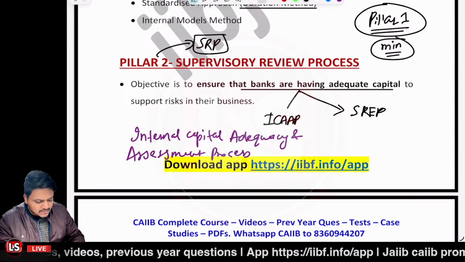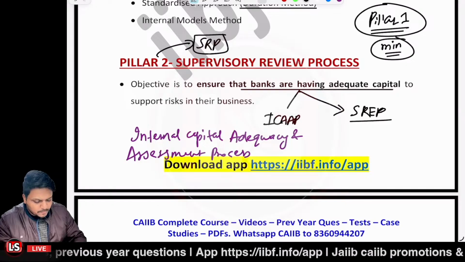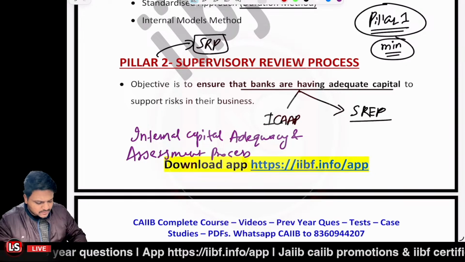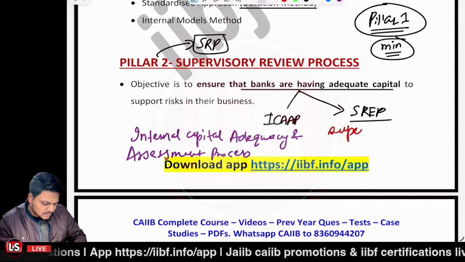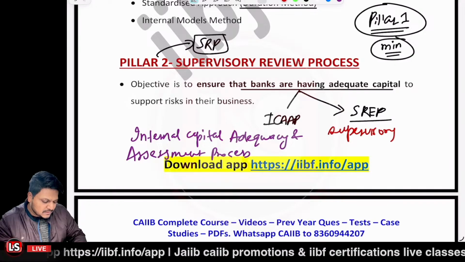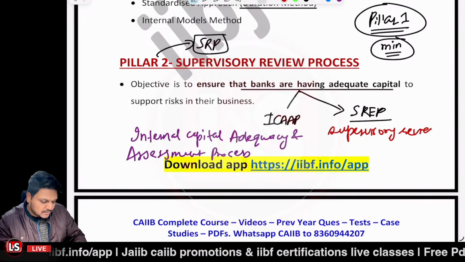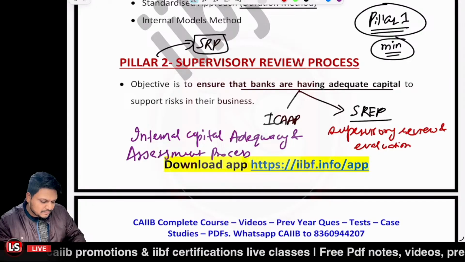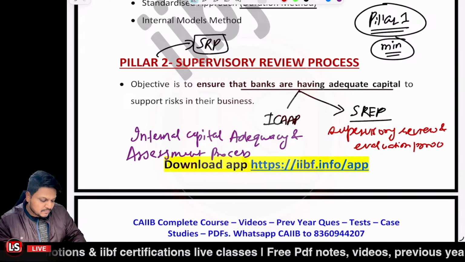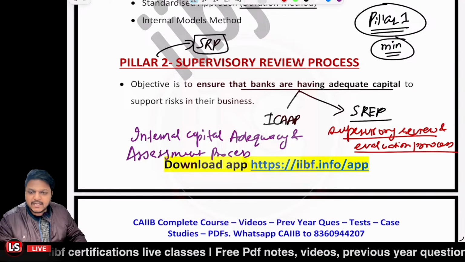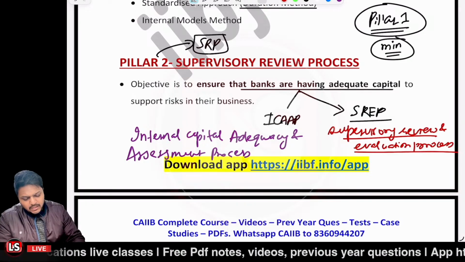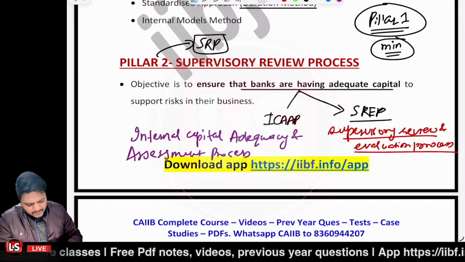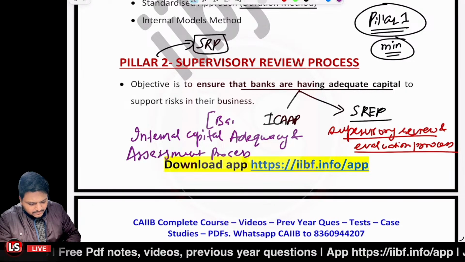Now SREP is the supervisory review and evaluation process. As the name suggests, the first part, ICAAP, is followed by the bank.